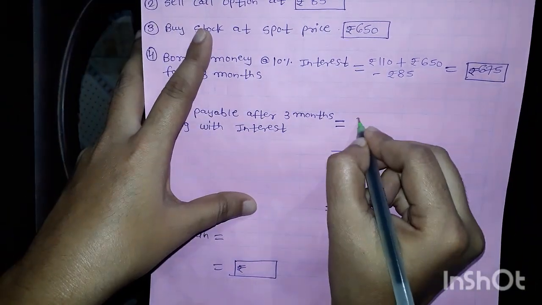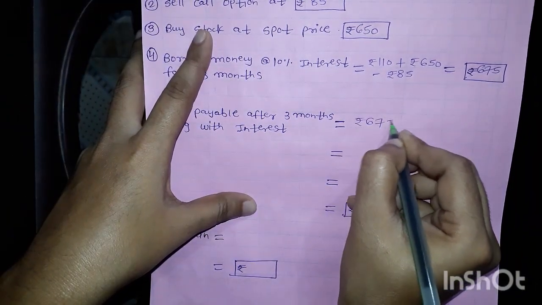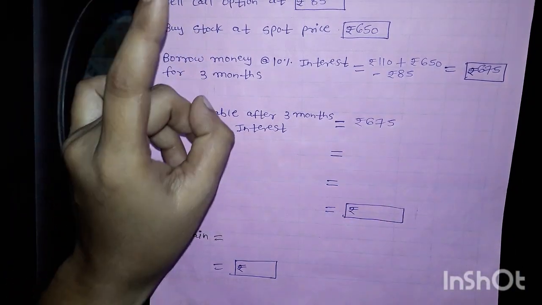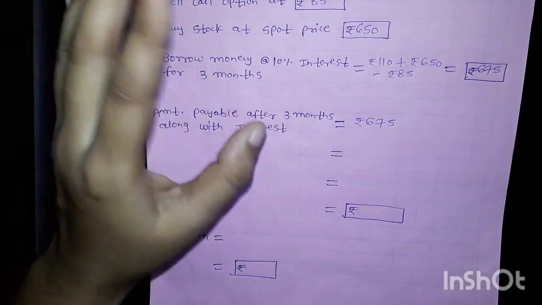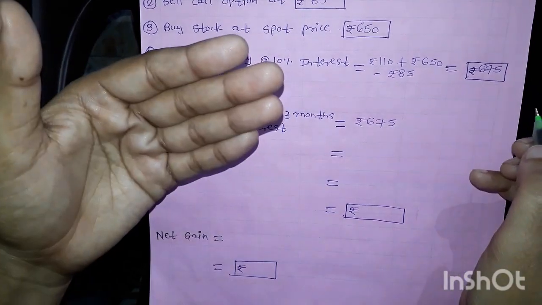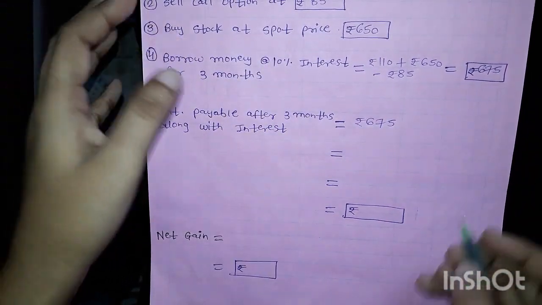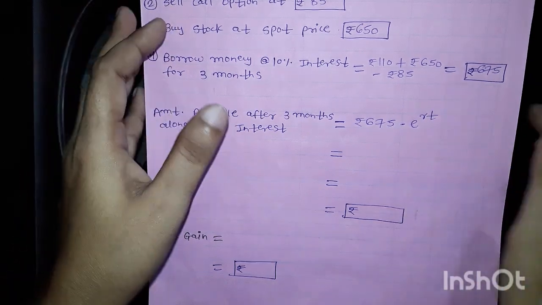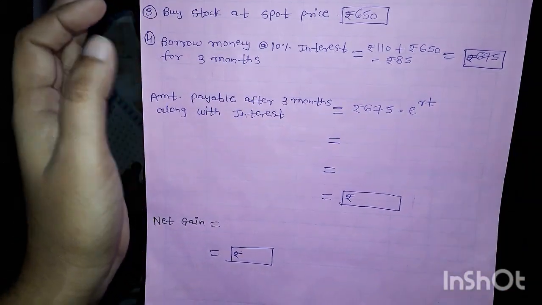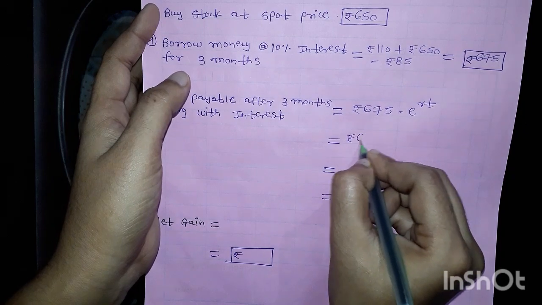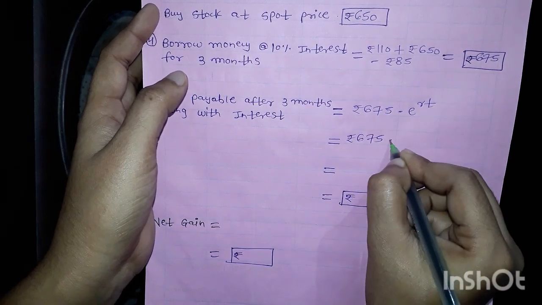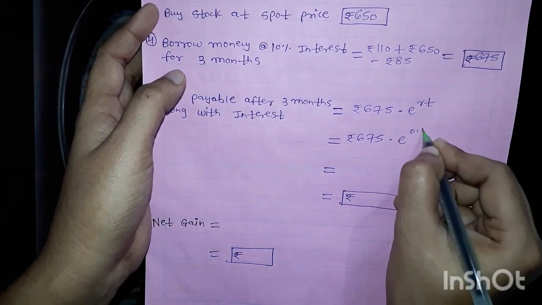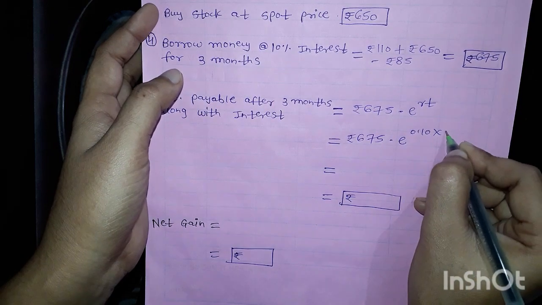So for 675 we have to find the future value, meaning after 3 months. Basically we have to calculate the future price, just like the theoretical forward price we calculate. So 675 multiplied by e to the power interest rate, and the time period is 3/12.